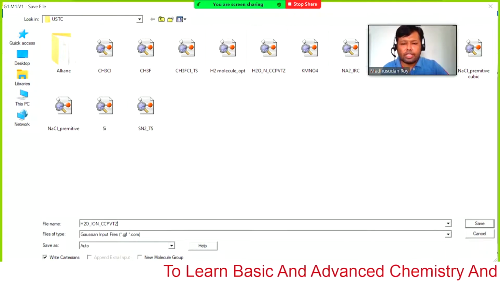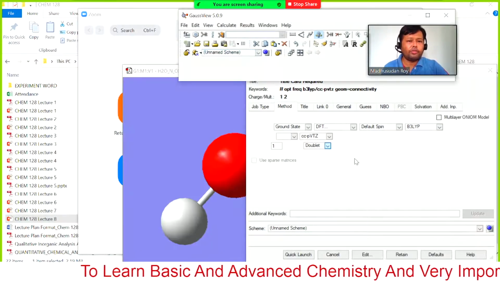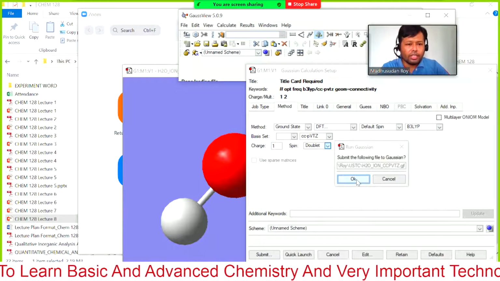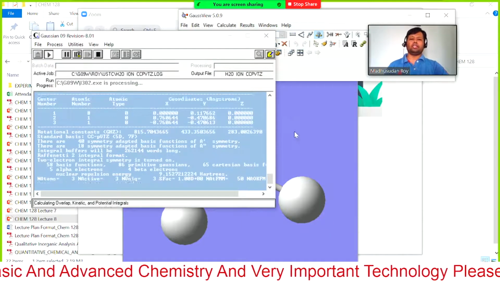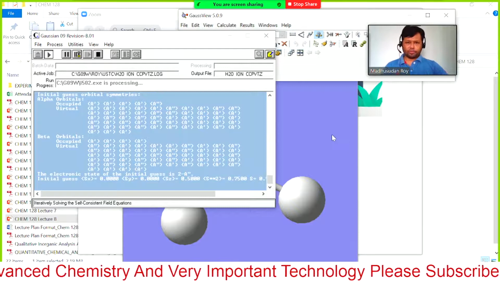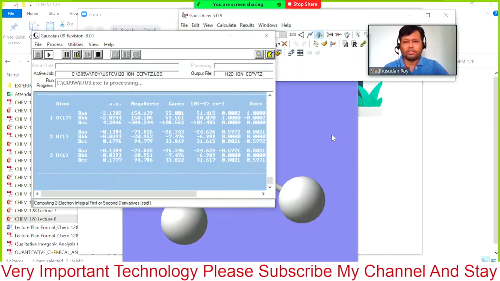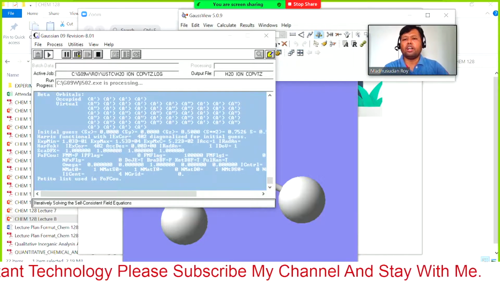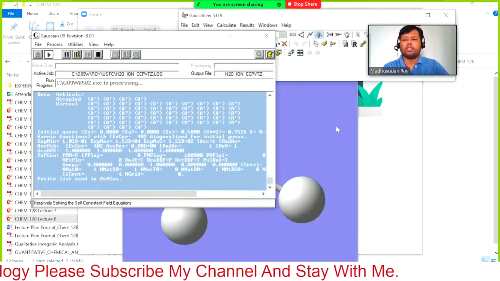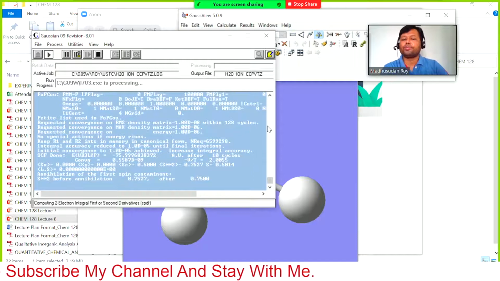So we are giving the name and then save, and then we are submitting the file. Now it is starting. So it is performing the job. Very soon it will be finished.